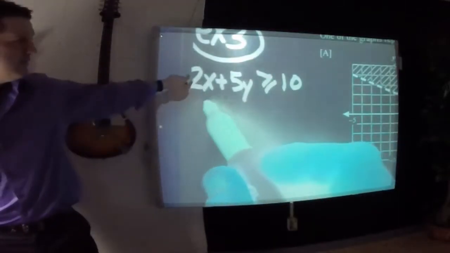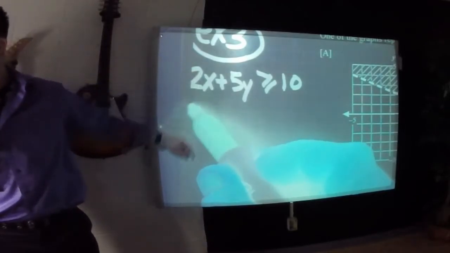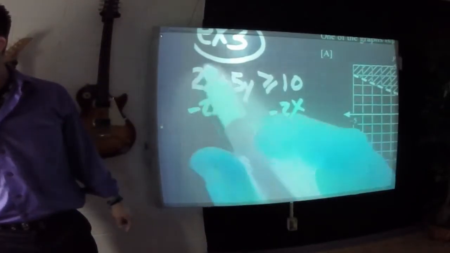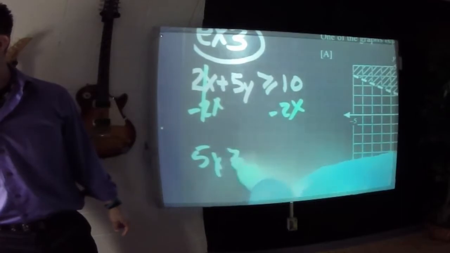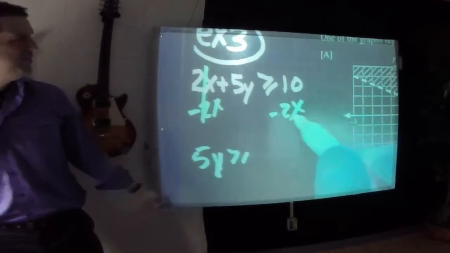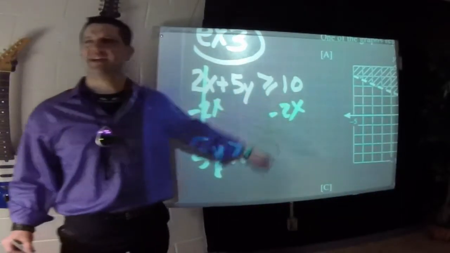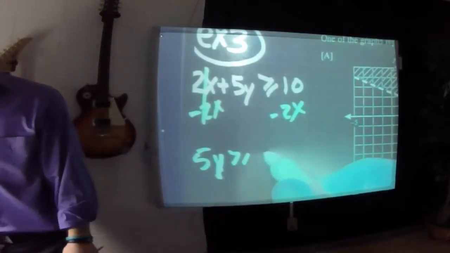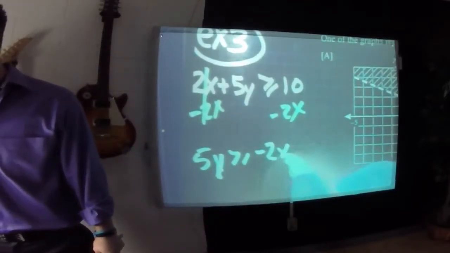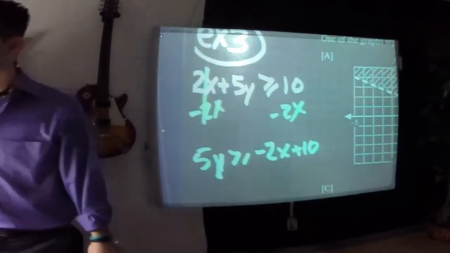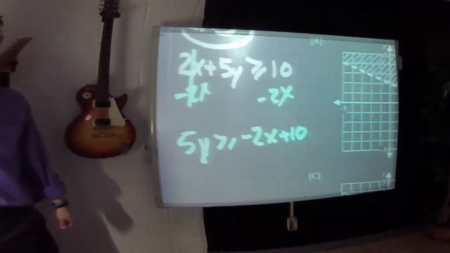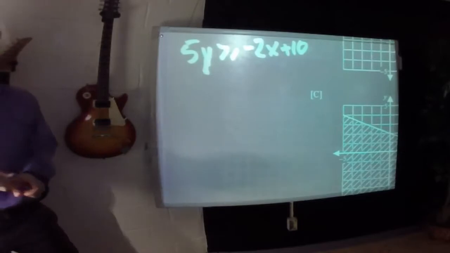First thing I do is minus 2x. It's minus the 2x. That's 5y. No sign change. Don't put them together. Don't say 8x. Please don't say 8x. No, Jacob. Negative 2x. All right, here we go. 10x.